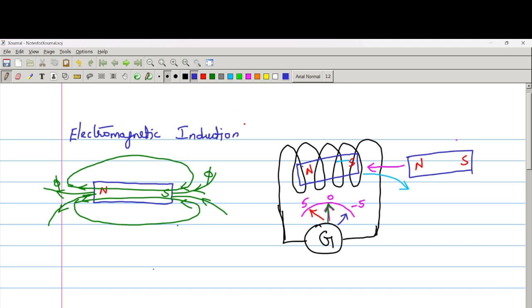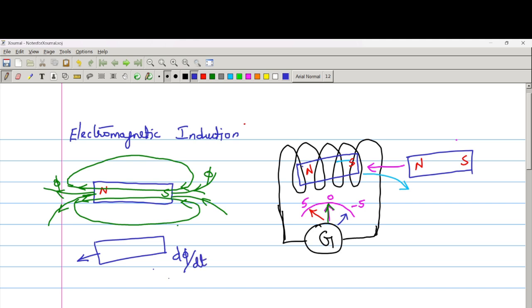From this, Faraday's law of electromagnetic induction has come into the picture. Whenever this magnet is moving inside this winding, there is a change in flux. The rate of change of flux will happen.